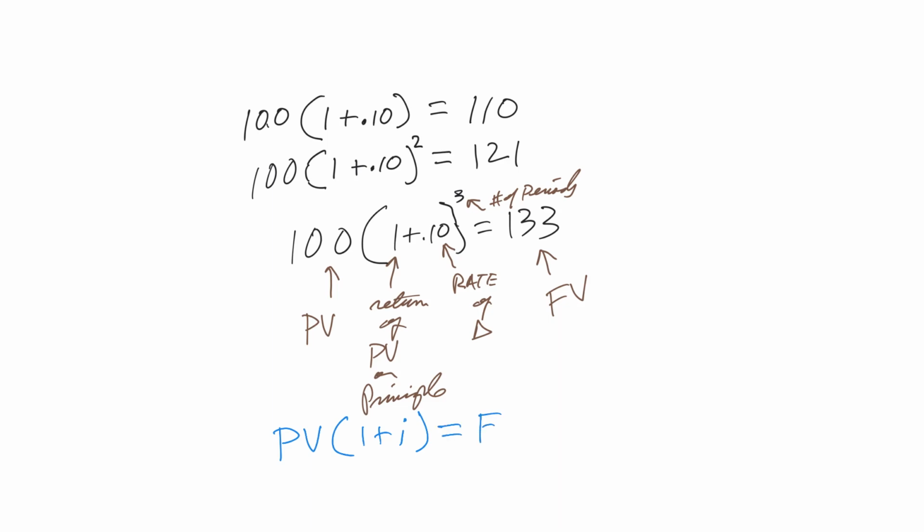Let's not forget the N. We often use N there. So present value times 1 plus I to the nth power equals our future value, and that is where our time value of money or compound interest formula comes from. And we'll be seeing that in action in the next video.